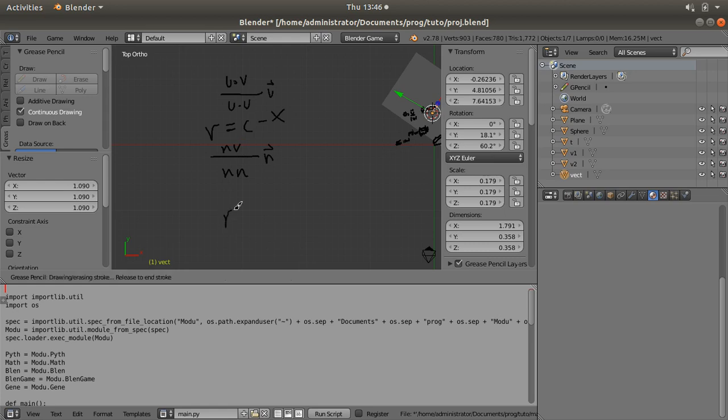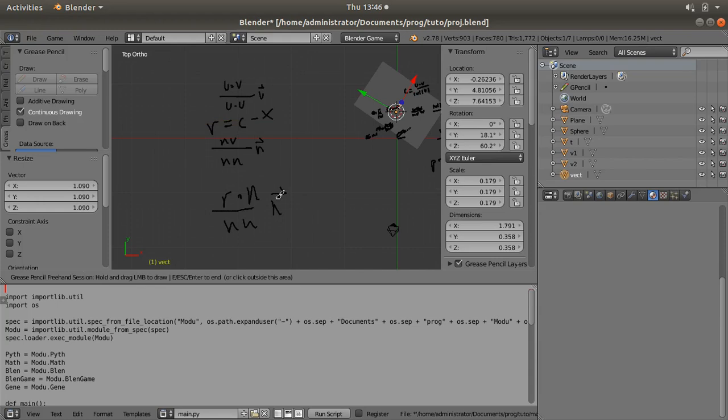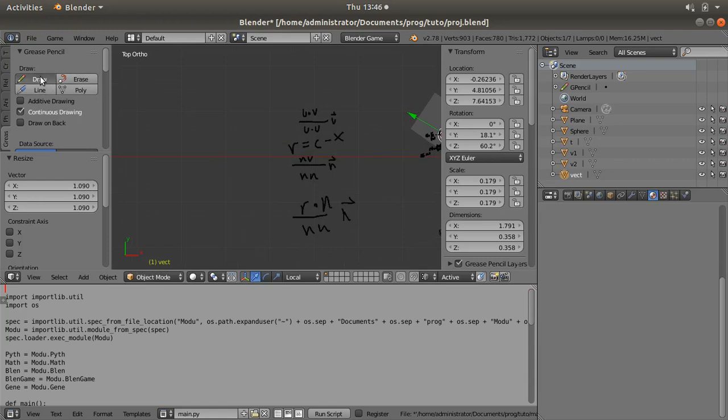So instead of V here, we're going to use our ray direction. Say that's the direction of our bow or whatever, and do the same thing, project it onto the normal. And so our formula is the same, and in both cases that's going to be equal to the shortest path to the plane. So that means that these are equal to each other. So set them equal to each other.